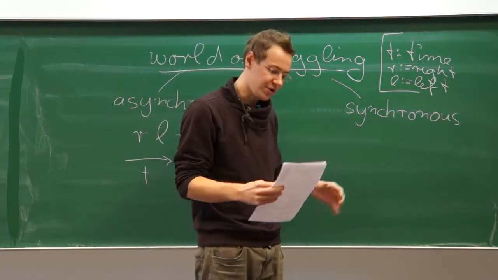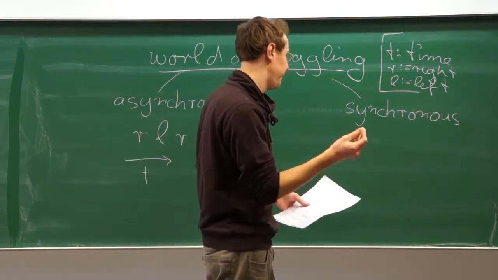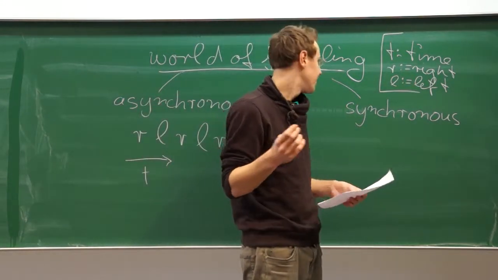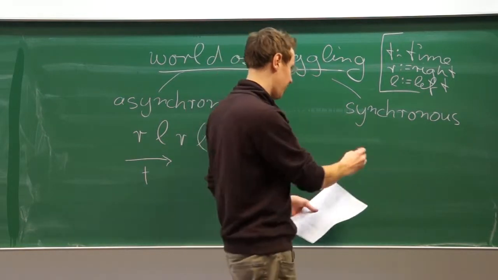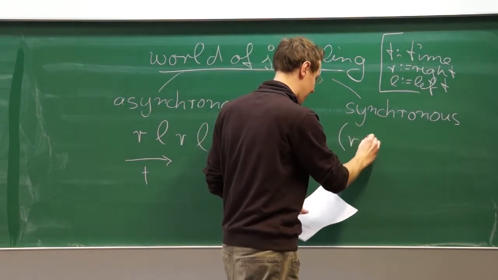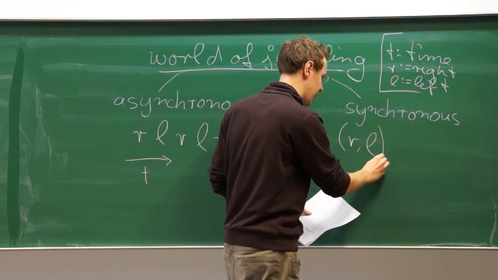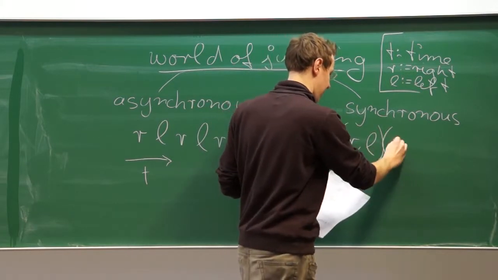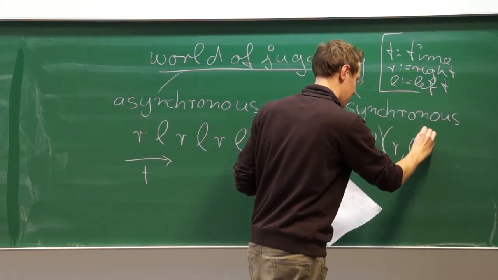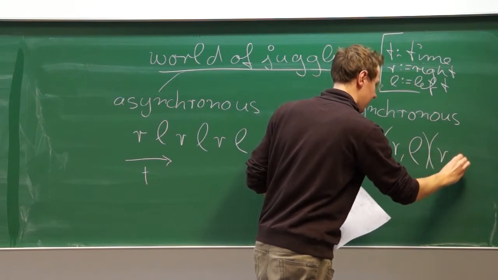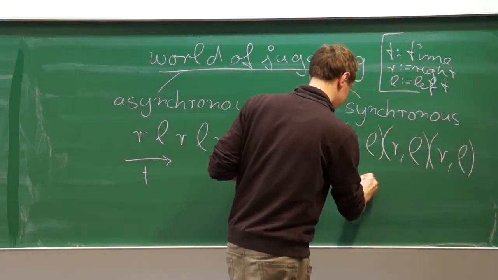And in the synchronous version, it's different. I got two things to describe at one time, so I put that in brackets, and I start with my right hand, then with my left hand, and here as well, and here as well, and my time is moving forward.